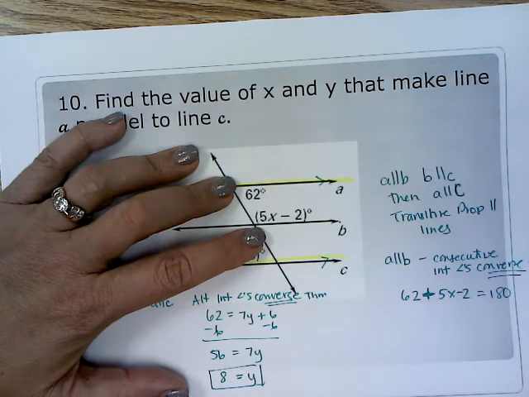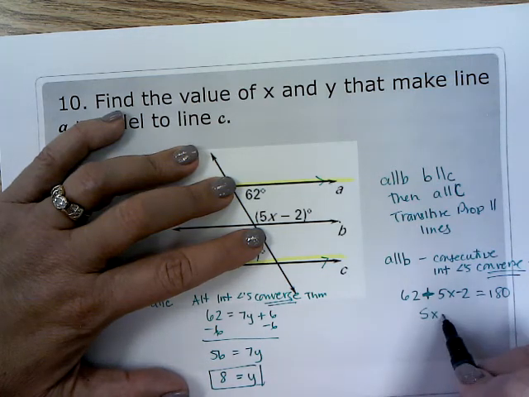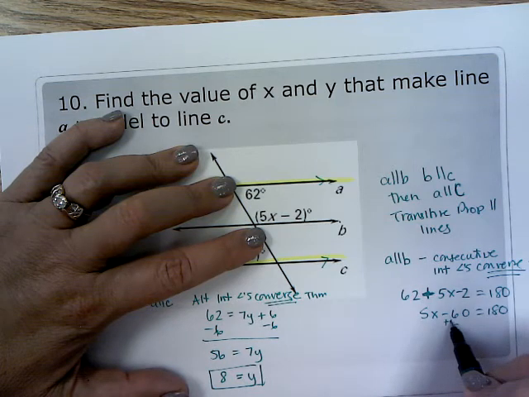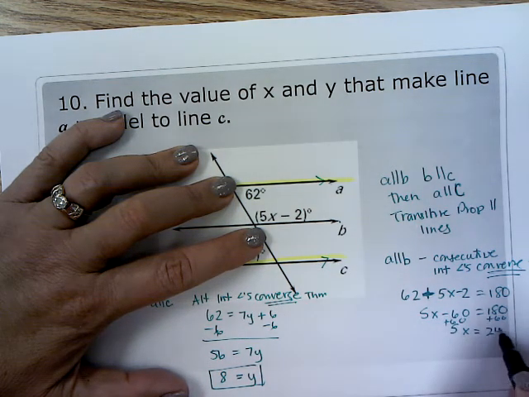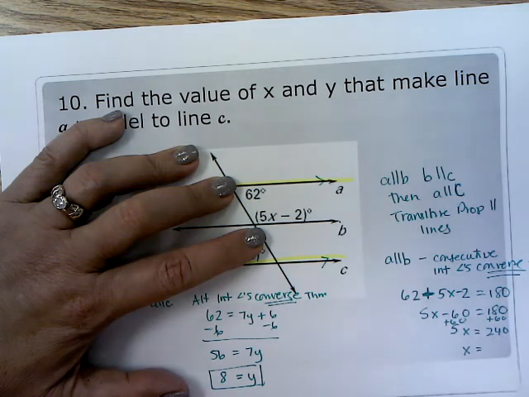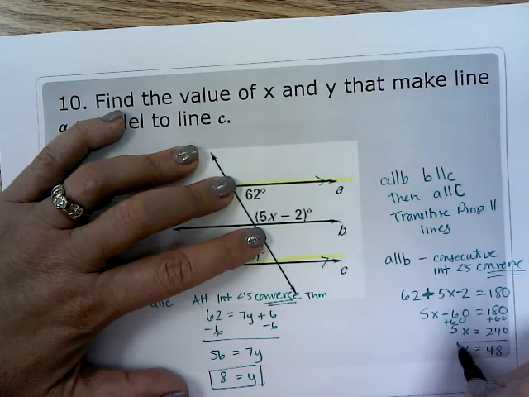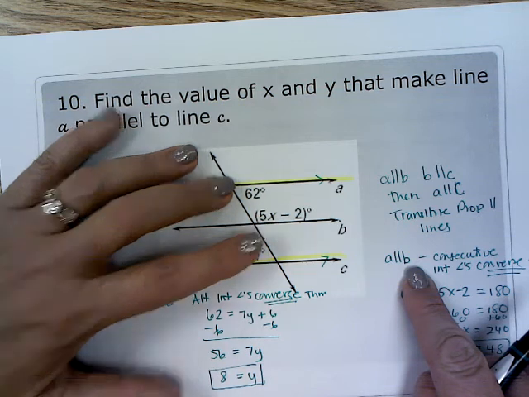When I find that value of x that makes that true, then I know that the lines are parallel. So when x is 48, A is parallel to B.